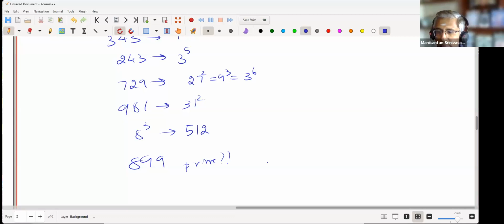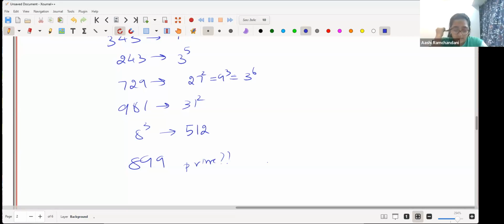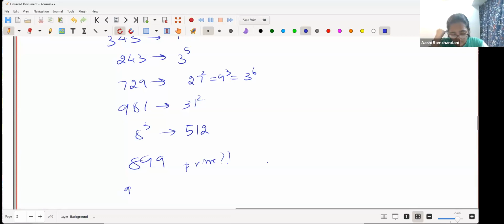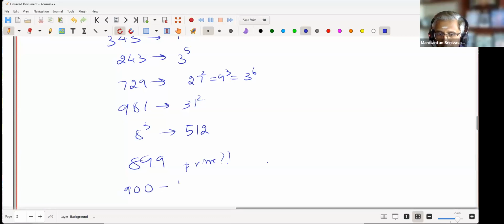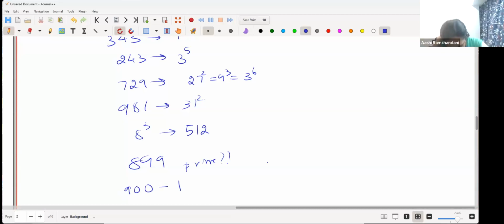Okay, I'll give a hint. What is the perfect square after 899, Ashi? After 899, 900. 899 is 900 minus 1. Does that help?